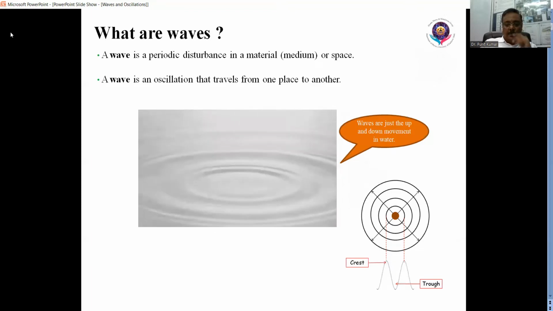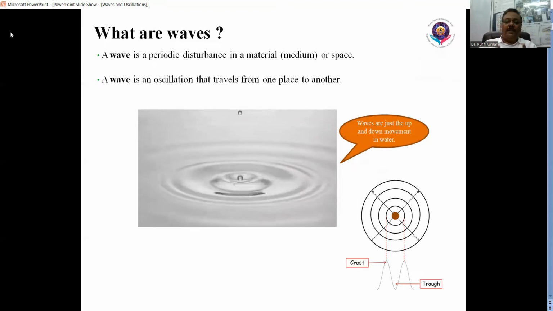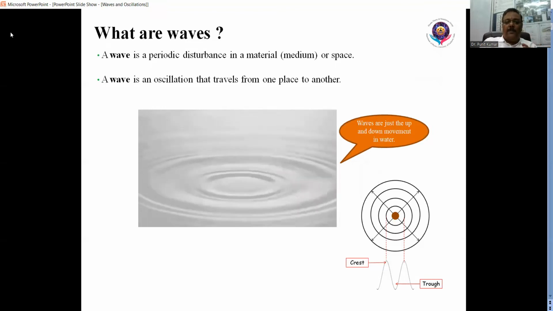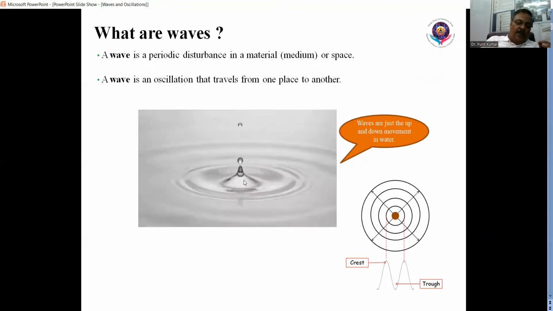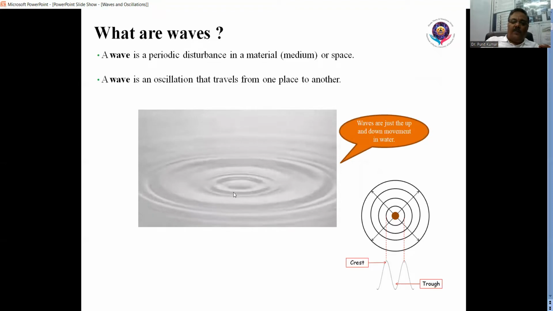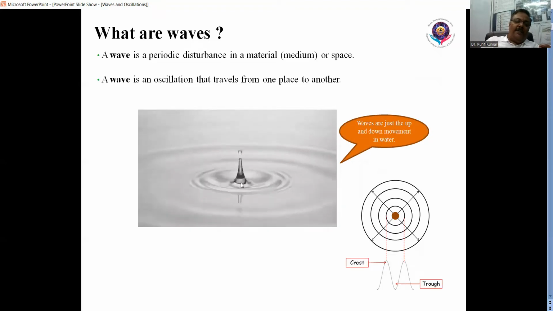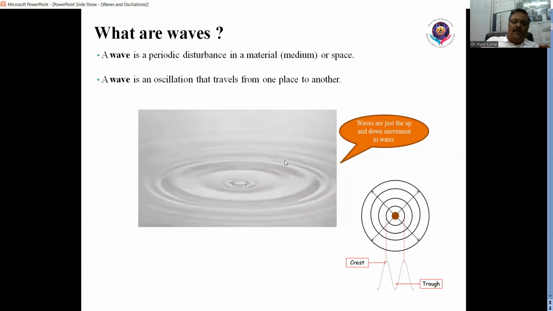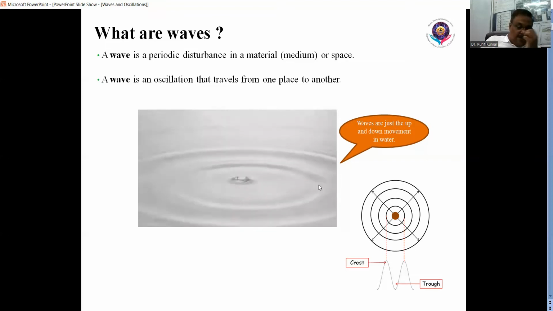What are waves? Basically, a wave has been defined as a disturbance that travels through a medium or a space. You can see that when you drop a stone on the surface of water, the disturbance travels in the form of circles, and these circles represent waves.